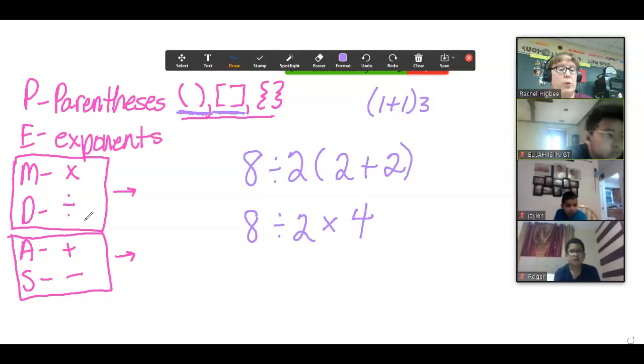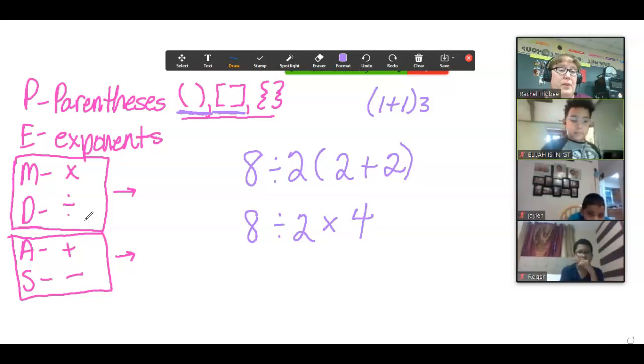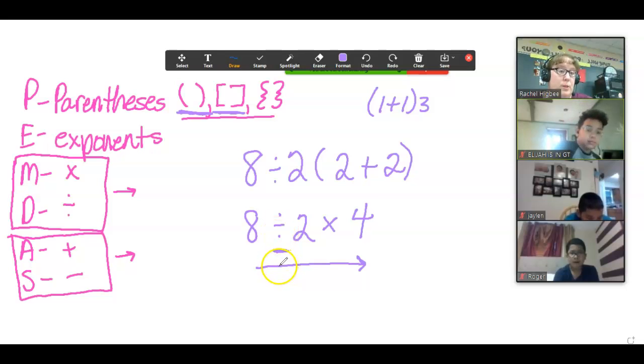So if I have both, what do I need to do? Elijah? Go to the left. Okay, we start at the left and we go to the right. Okay, so since this division symbol is on the left, we do division first for this problem.